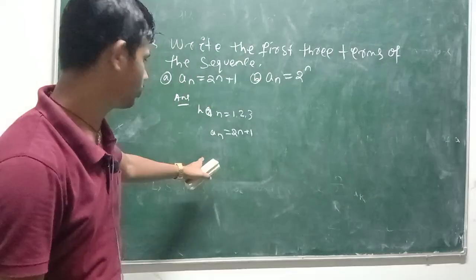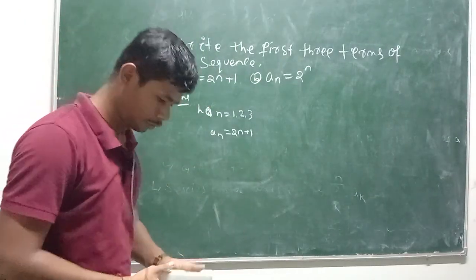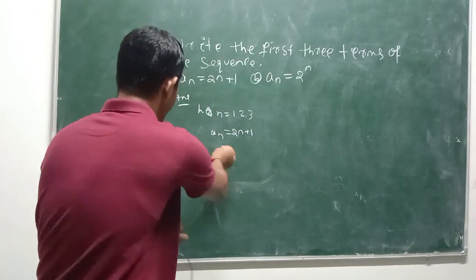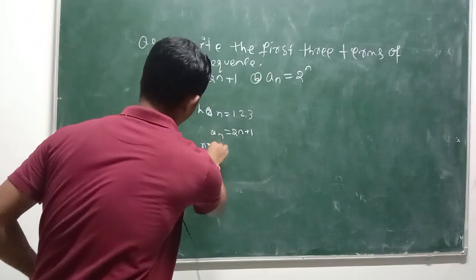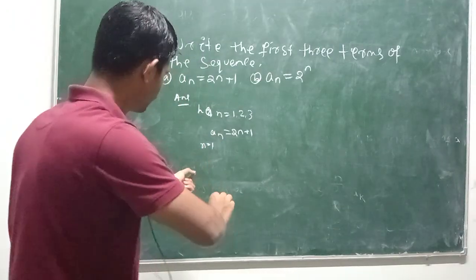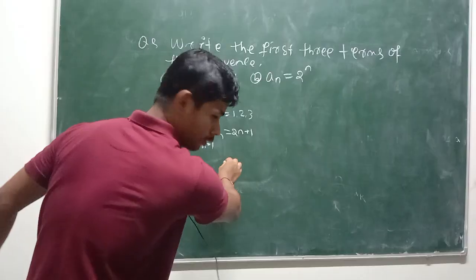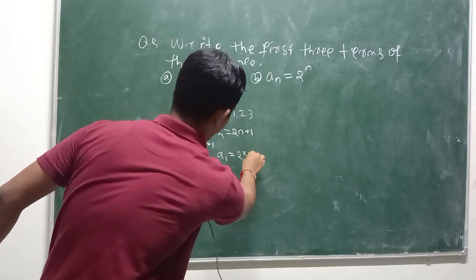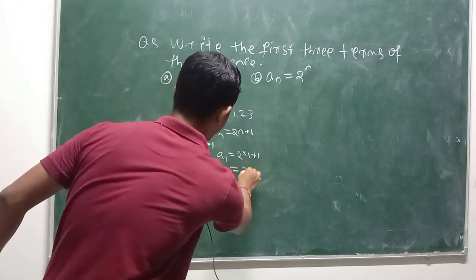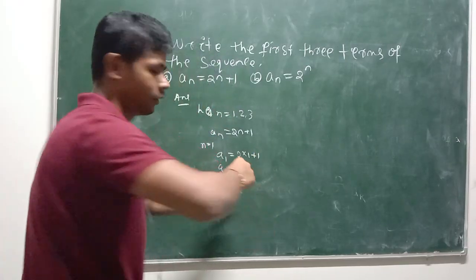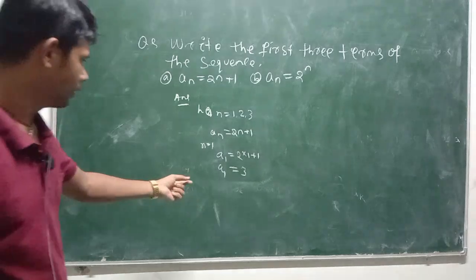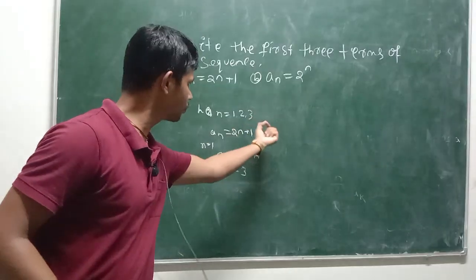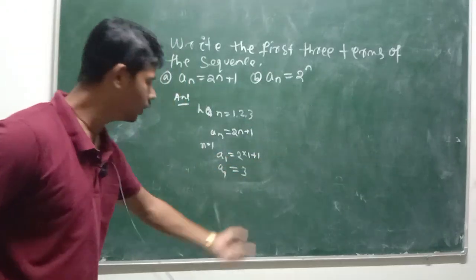Okay, we put n is 1, so a1 is 2 into 1 plus 1, which is equal to 3. We get a1 is 3. Then next we put n is 2, then n is 3. So like that we will do.